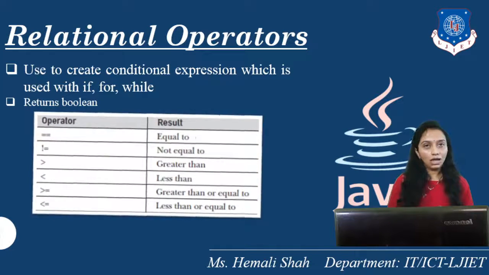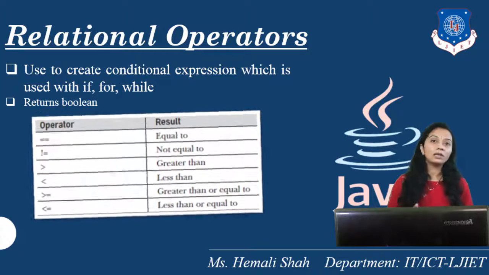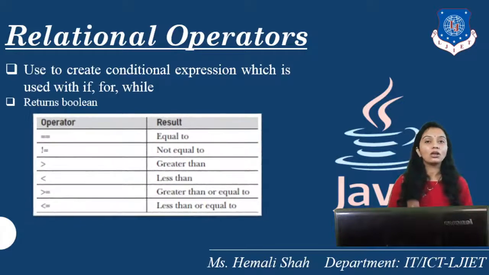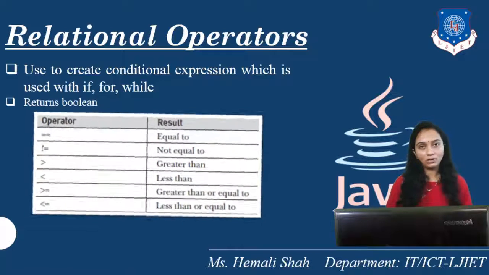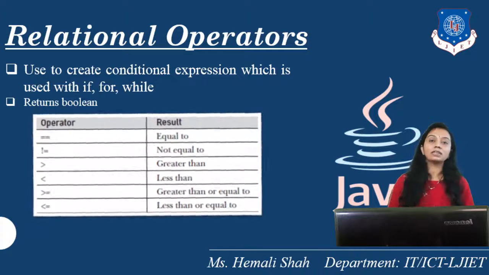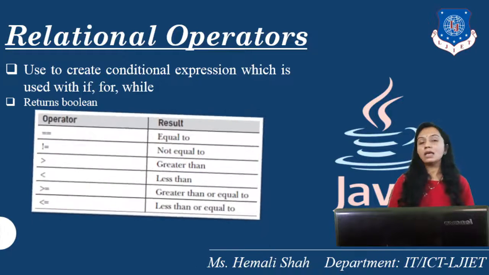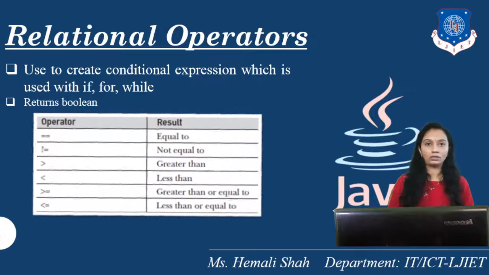The operators that work as relational operators are equal equals, which checks the equality between variables or values. Not equals checks inequality between the variable and value; it returns true if two things are not equal, and if two things are equal, it returns false, right?